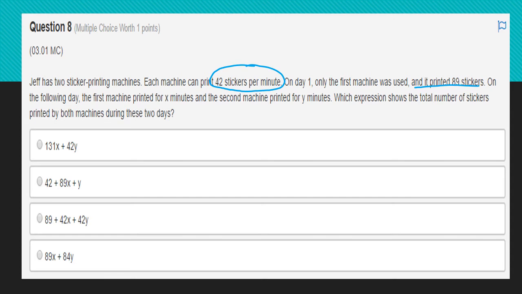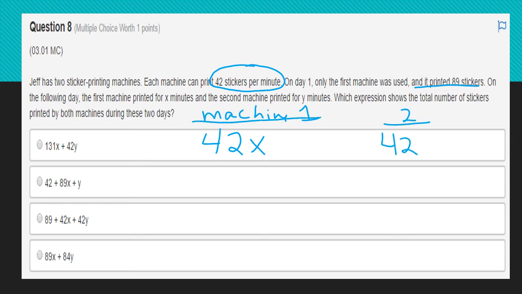Which expression shows the total number of stickers printed by both machines? All right, so each machine can print 42 stickers per minute. So that means that we have this for our machine number 1. And then for our machine number 2, we have this.